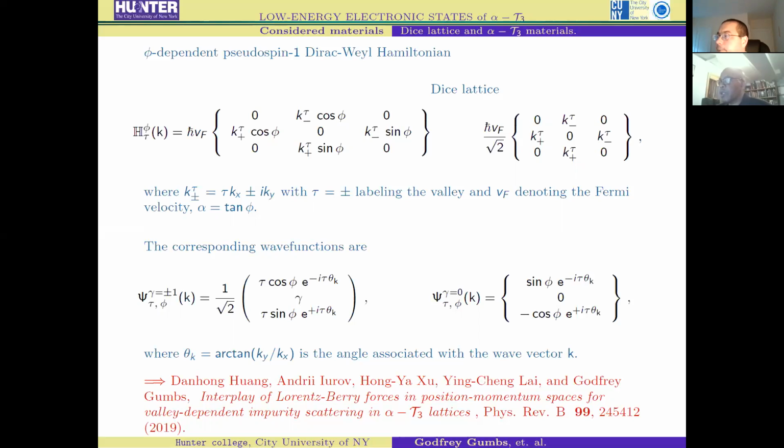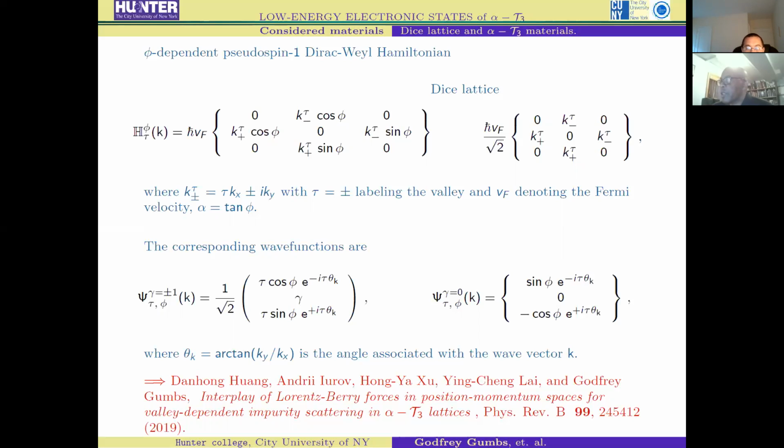Now there are a couple of interesting things to note for this Dirac-Weyl Hamiltonian. One is if I set phi equal to pi over 4, it reduces to the Hamiltonian on the right-hand side of the equation.